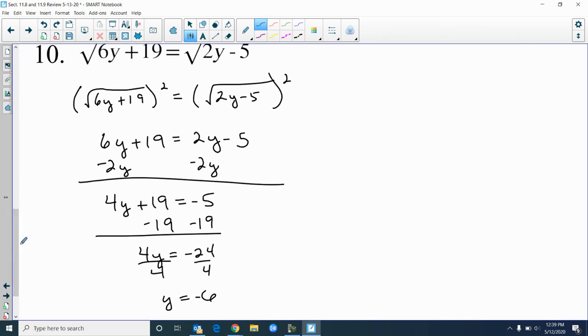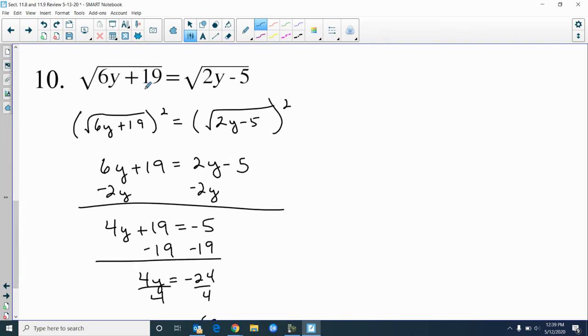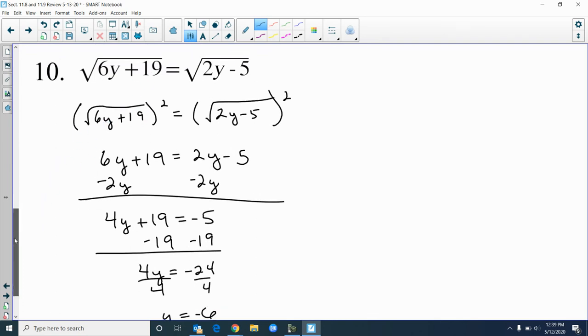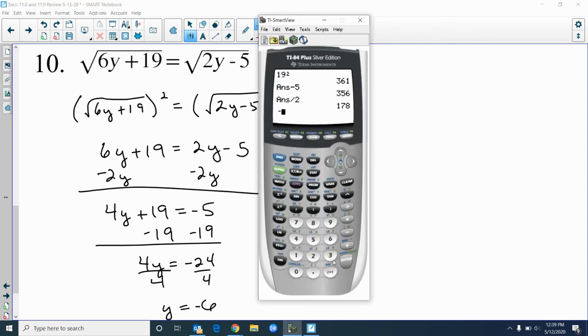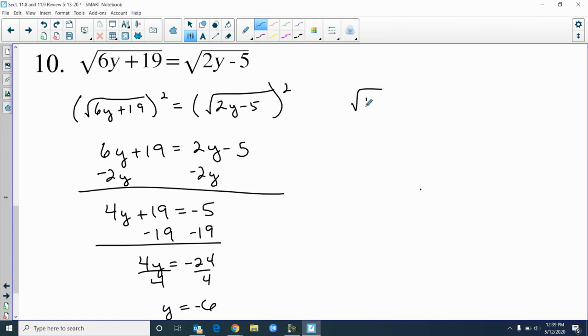So if I plug in negative 6, let's see what I get here. 6 times negative 6 is negative 36. Negative 36 plus 19 is negative 17. And then 2 times negative 6 is negative 12, minus 5 is negative 17.